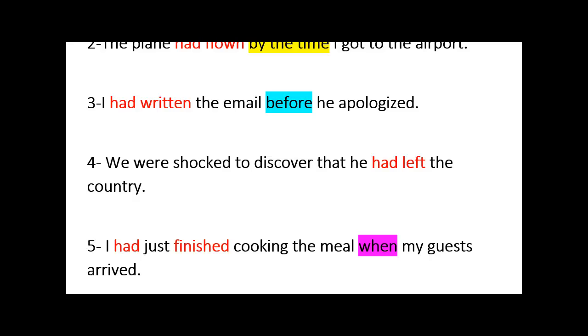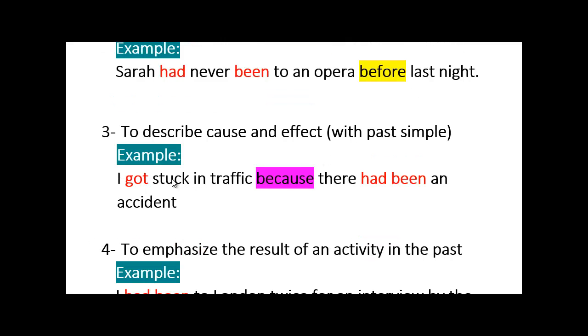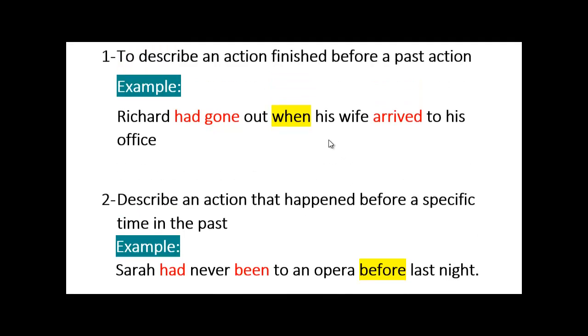His leaving, his sudden leaving, maybe caused the effect. So it's a cause, okay, like we discussed before. Yeah, remember here, I got stuck in traffic because there had been an accident. So the accident caused him to be stuck in the traffic jam. And the same with the guy leaving suddenly, he caused them to be shocked. That's a cause, okay? That's very good.